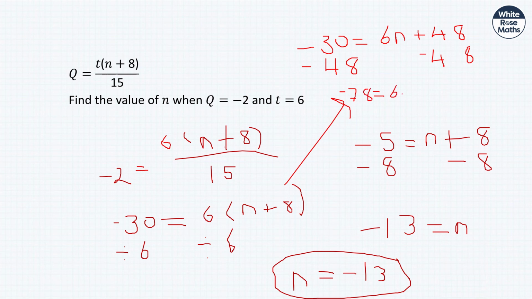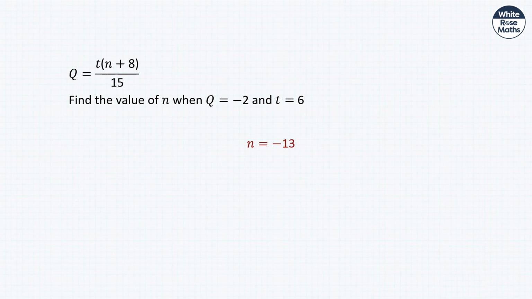Divide both sides through by 6, then you get that n is equal to minus 13. And that will be your final answer. So substituting in the values of q and t and rearranging to make n the subject of my equation. There's my final answer.